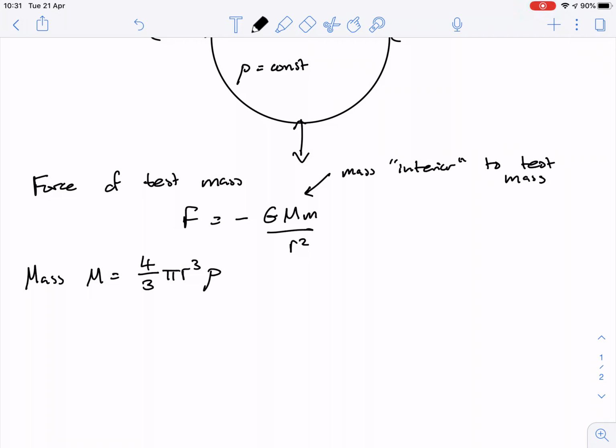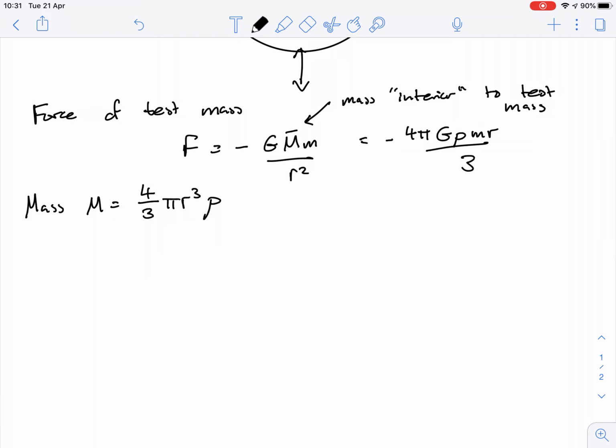So the force can then also be written as minus 4 pi G rho m r over 3, just substituting in for mass here.